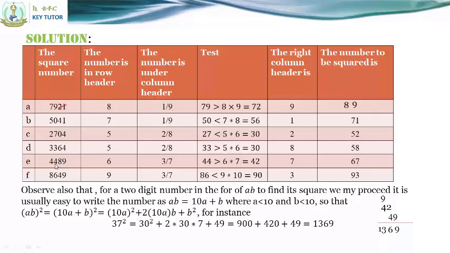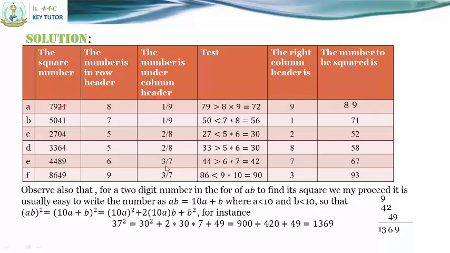Let's go on. Let us take 4,489. This number exists in the 6th row because 44 is greater than 36 and less than 49. When you delete 89, you get that number. So it is in the 6th row. So you take here 6 as the tens place.